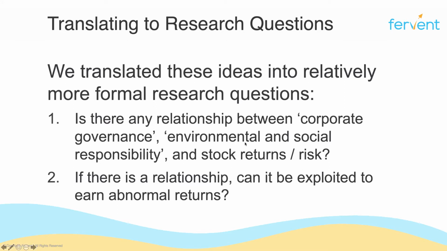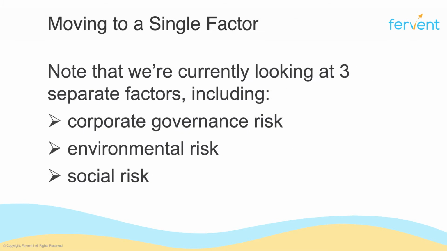Now, importantly, there's quite a bit of a mouthful here in that we're looking at three separate factors, including corporate governance risk, environmental risk, and of course, social risk, right? So it would be a bit of a pain if we had to refer to these individually each and every time, especially because we're looking at all three together, right? And it just so happens that many other people have also considered these three factors together and indeed individually.